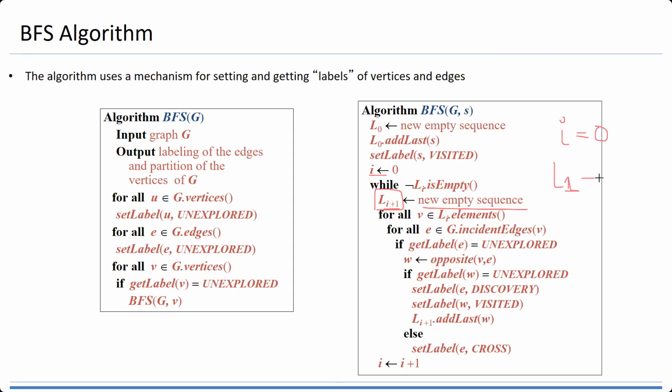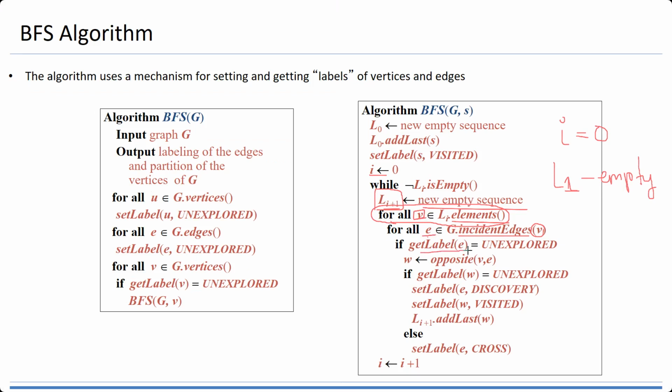L1 will be an empty sequence. And then I'm going to check for all the elements of Li. The elements or the vertices will be in the variable v. And then I'm going to check what are the incident edges of v, and this is e.